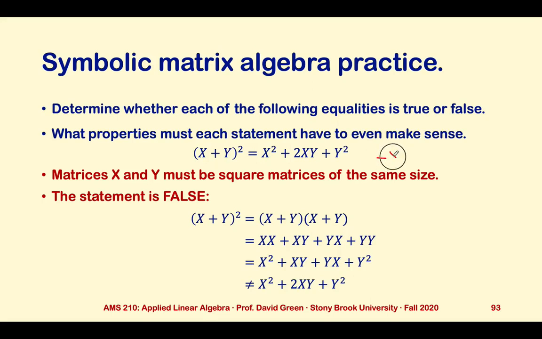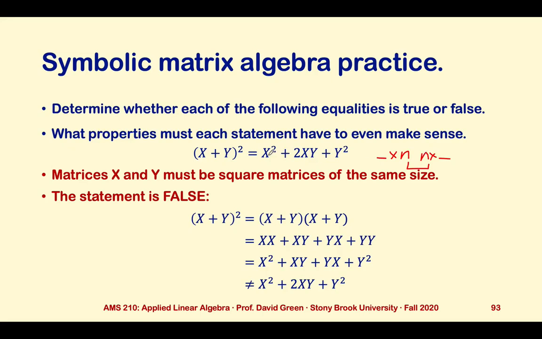We need to have matching inner dimensions, right? For the product to make sense, we have to have these pieces match. Well, if we're talking about the same matrix on both sides, we're saying that the number of columns and the number of rows need to be the same.